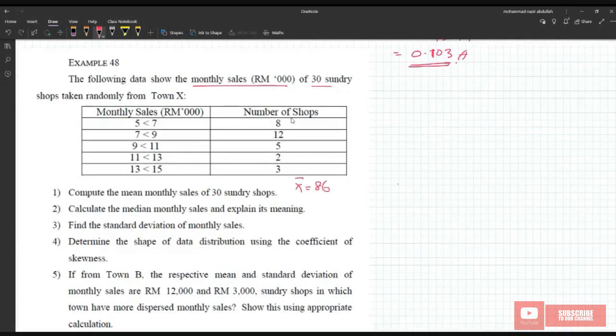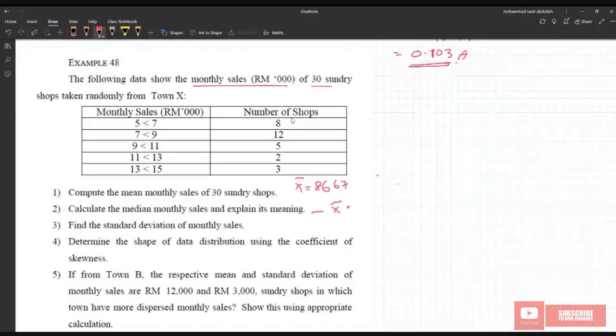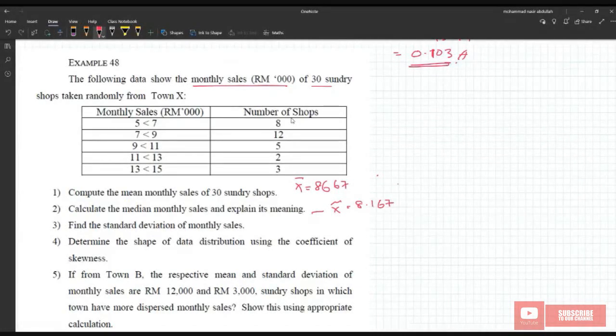So the mean here is equal to 8,667, and the median here is equal to 8.167. So the mean is actually 8.667, right?